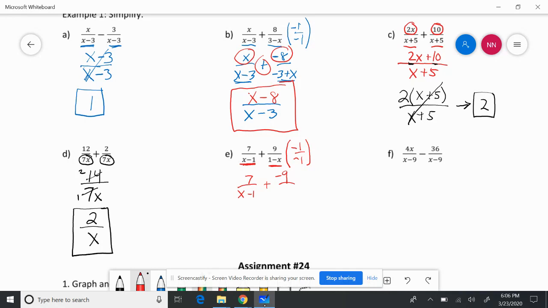This right here is a -1. This is a positive x. And so if we're looking closely, positive x, -1, -1. So we have a common denominator, x minus 1. If we look at our numerators, 7 plus -9 is -2. So our answer is -2 over x minus 1.